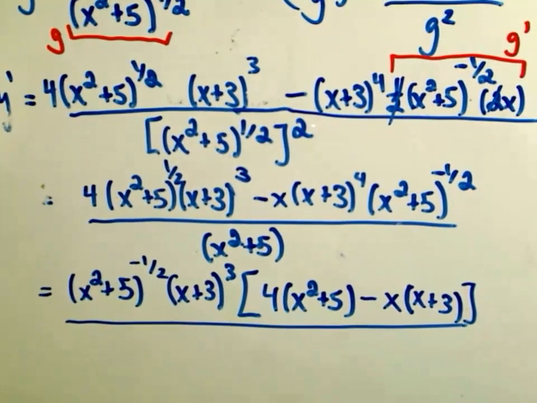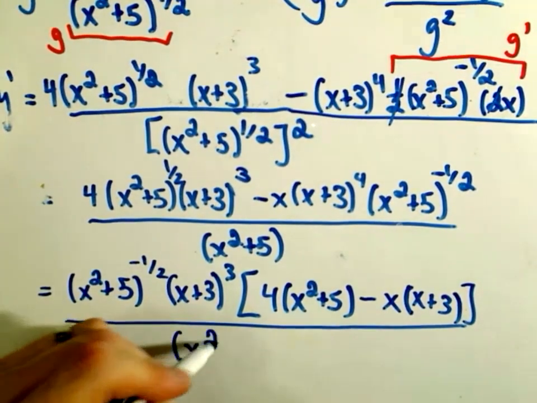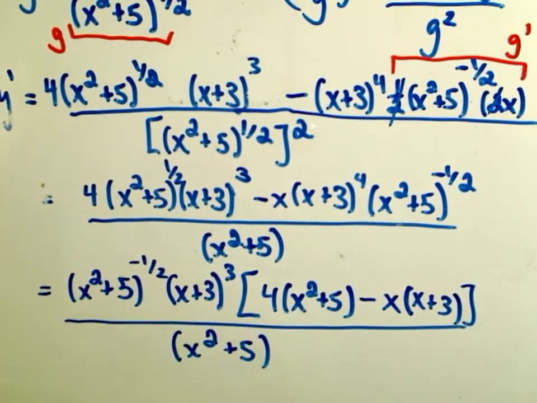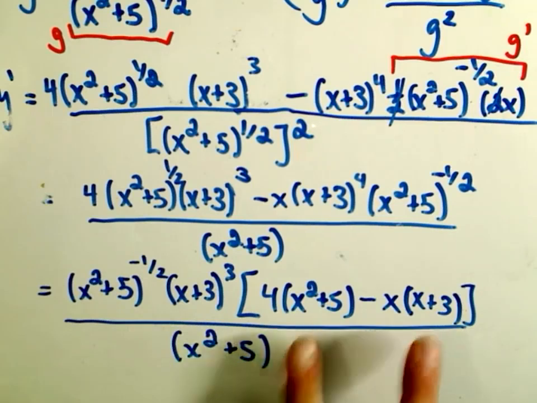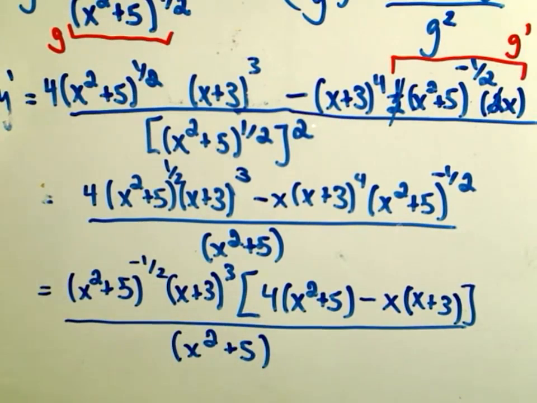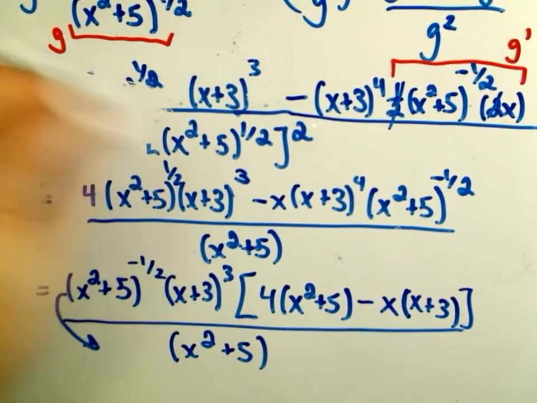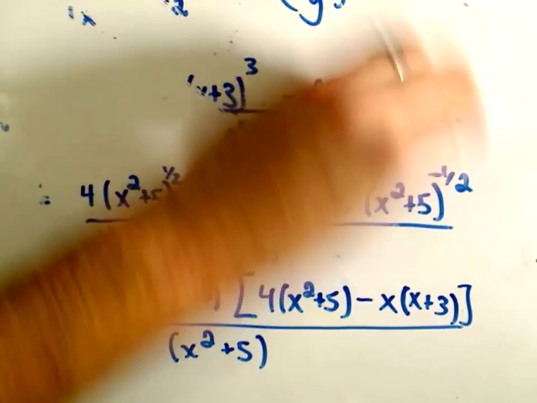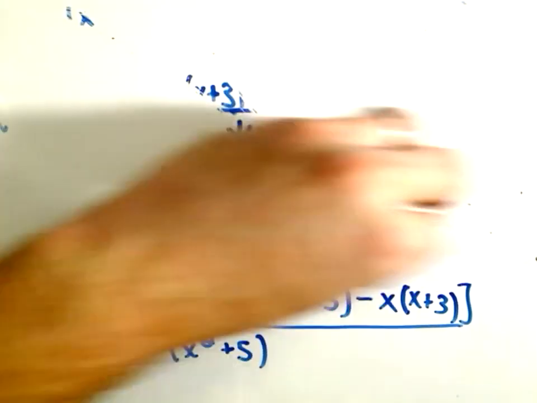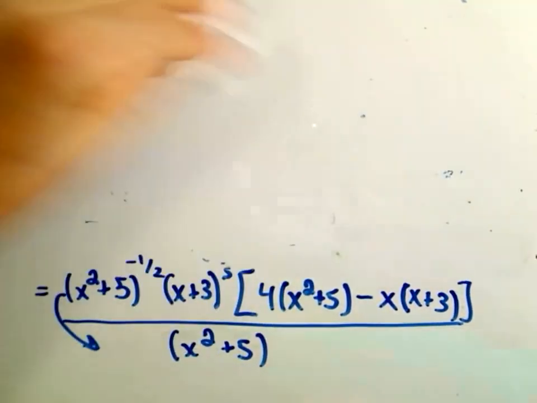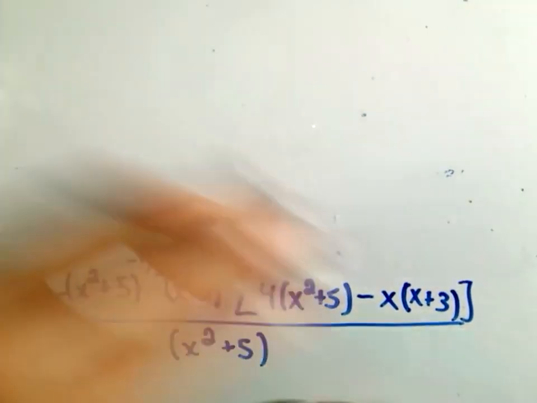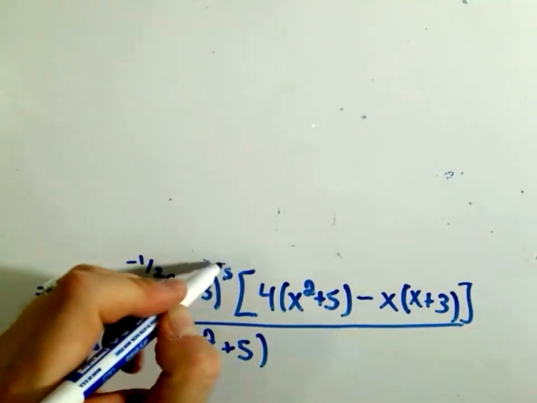Okay, so this is all over, again, x squared plus 5. Now all I'm going to do is just simplify inside the brackets. I'm going to move this thing, the x squared plus 5, to the denominator. So let's go back upstairs and knock this off. Okay, so put my 3.